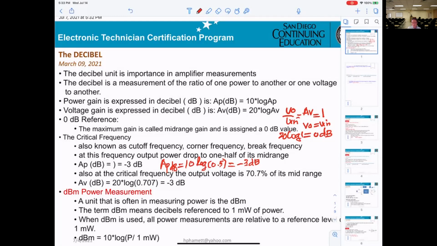dBm, power measurement. A unit often used in measuring power is the dBm. I mean, if you're working on circuitry at work or in the lab, when you take the measurement, you will get it in dBm. But we do not deal with dBm. For power, you deal with the watt, milliwatt, microwatt, or kilowatt, not dBm.